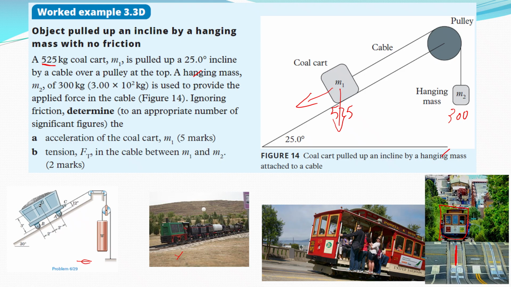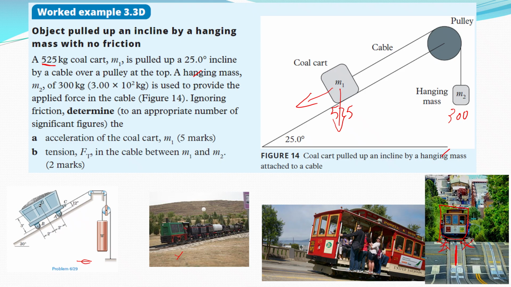They did this because the wealthy people wanted to live up on top of the hills, but it was hard for their horses to get up and down, so they put in a public transit system. But the friction between the wheels and the track is not very much, so the cable system is there to help pull the trolley up the hill and control its speed.